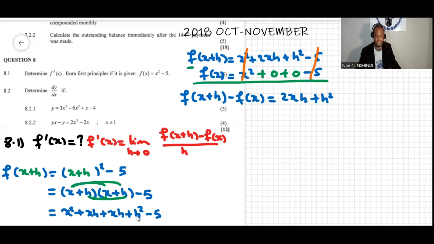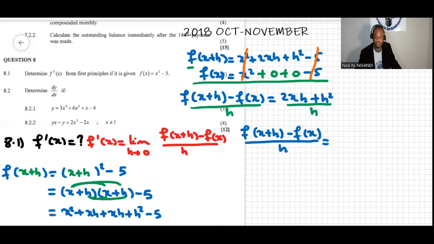Then let's divide both sides by h, because I need to work out this fraction here. We'll divide by h over h, and then over h. This will be f of x plus h minus f of x, over h.